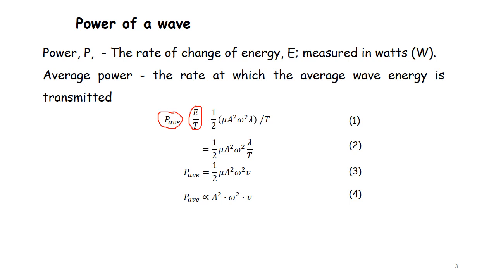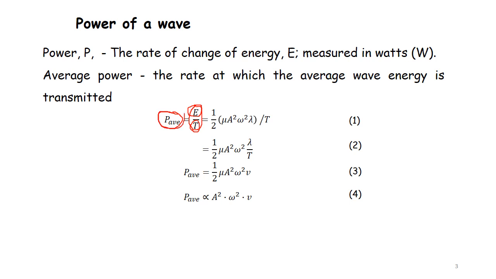So that is the time average power, which relates to the average power for every cycle. And you know, period also relates to the time for one cycle. So the energy in one cycle of a wave and the period gives the average power.